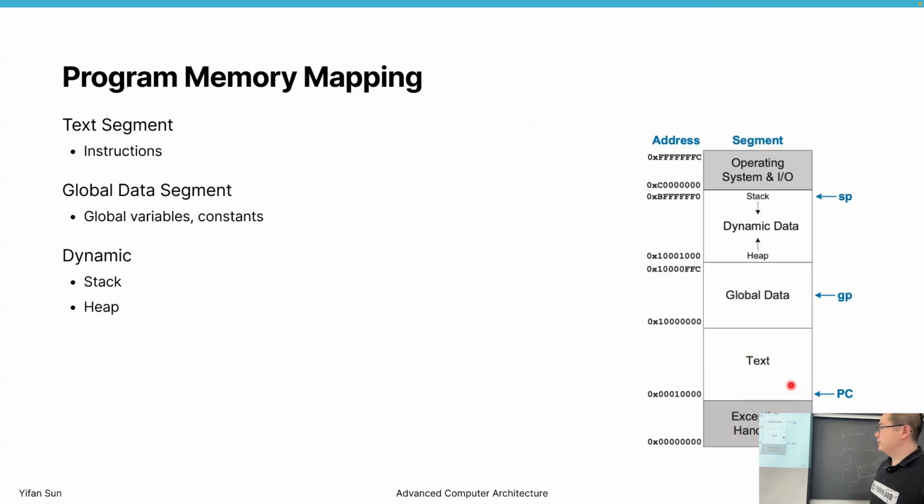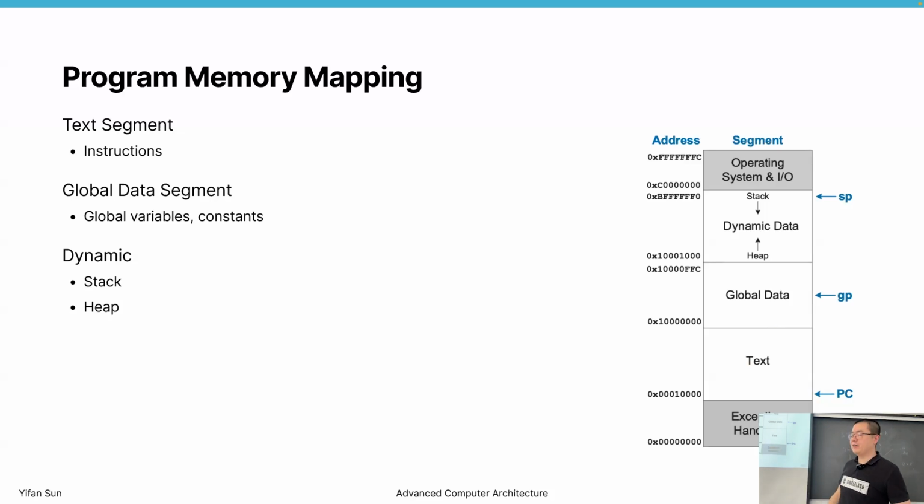For example, we have this thing called text. Remember last time when we talked about the assembly file, we started with a .text. That means this part is written in the text section. The text section is placed starting from this particular address.